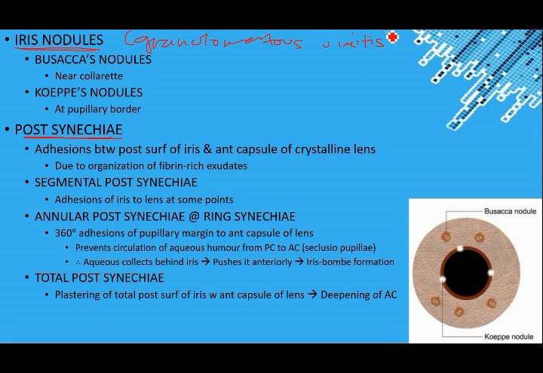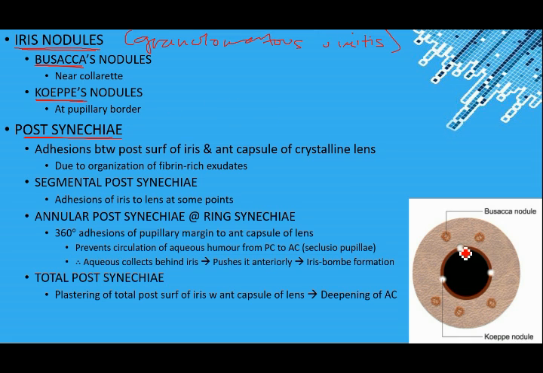Basically, they are macrophages forming epithelioid cells that go on to form the giant cells that become these nodules. So the basic component is macrophages forming the giant cells. There are two types: Busacca and Koeppe nodules. Very important. See, this picture is also fine.